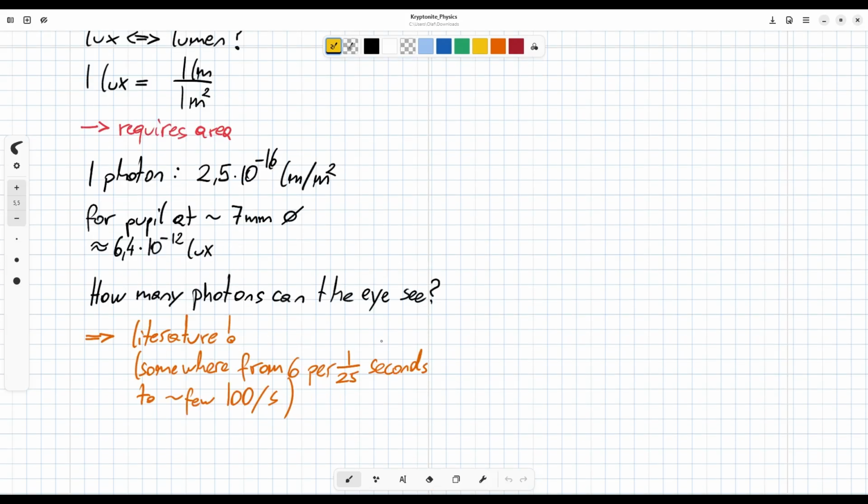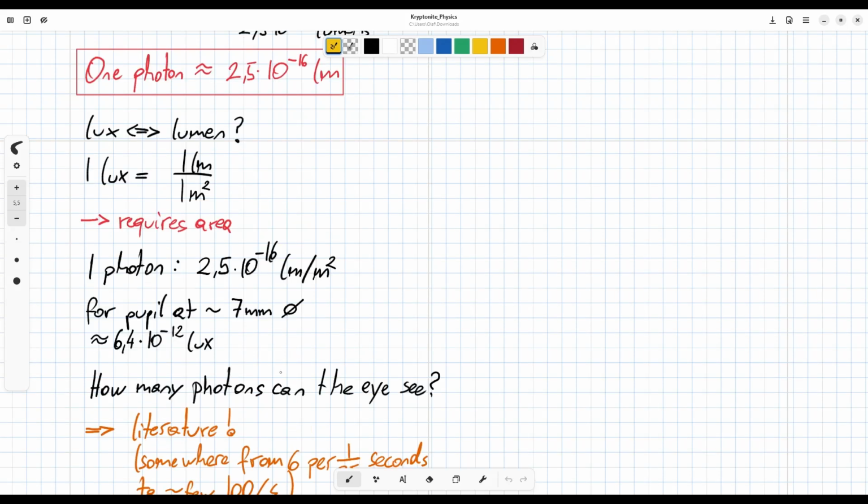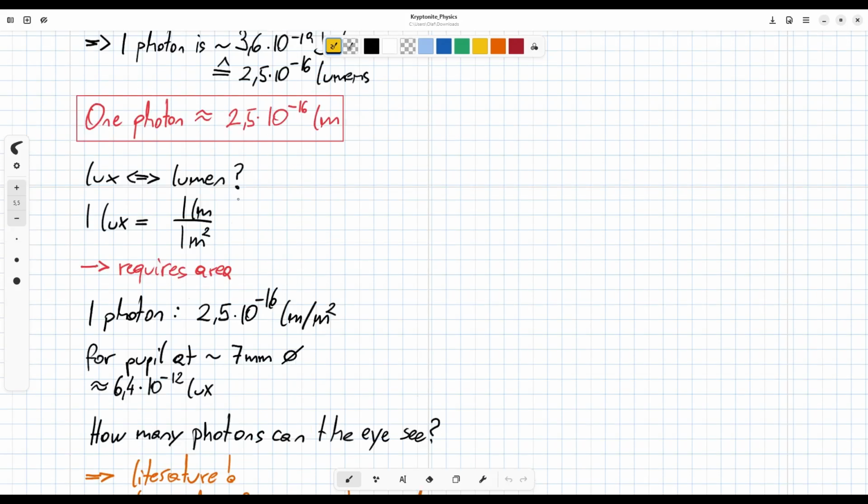So you notice that 1 photon here is roughly, let's say, 10 to the minus 12 lux. That's 0 point, and then 11 more zeros, and then a 6 in terms of lux. Remember that.